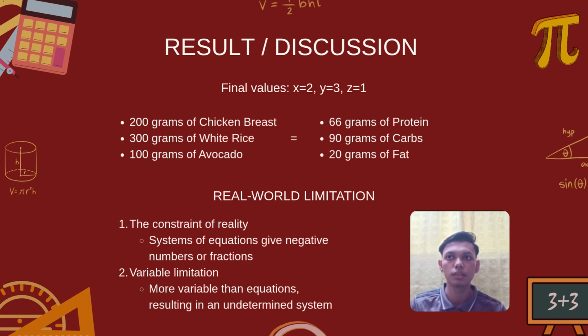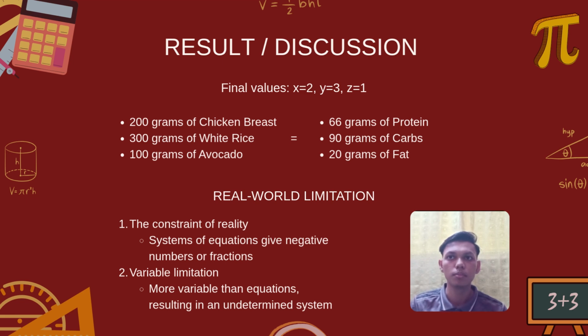This tells us that to hit their exact fitness goals, our athletes need to eat precisely 200 grams of chicken breast, 300 grams of white rice, and 100 grams of avocado. By eating this exact combination, they will consume exactly 66 grams of protein, 90 grams of carbs, and 20 grams of fat.